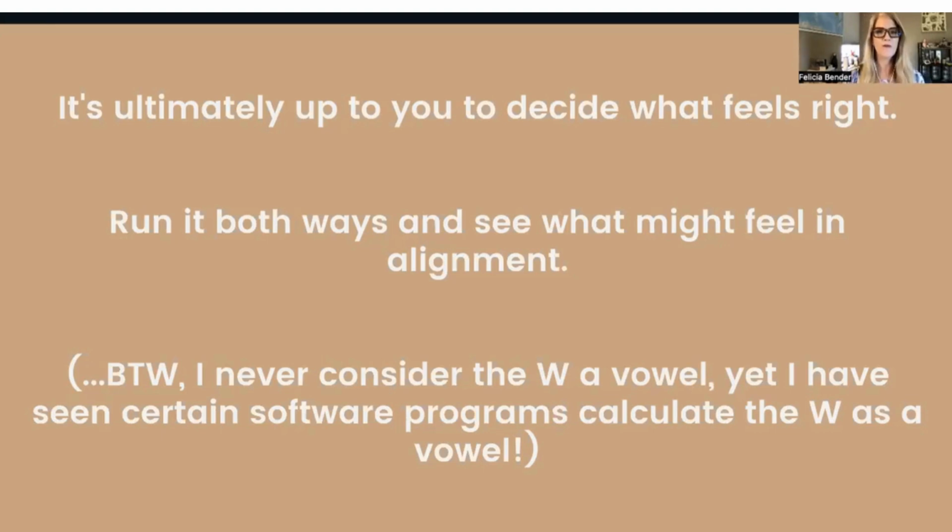So by the way, I'm just going to also mention that I never consider the W a vowel, and yet some numerologists do. I have seen certain software programs calculate the W as a vowel. So once again, you can even throw that into the fire of this mix with the vowels.